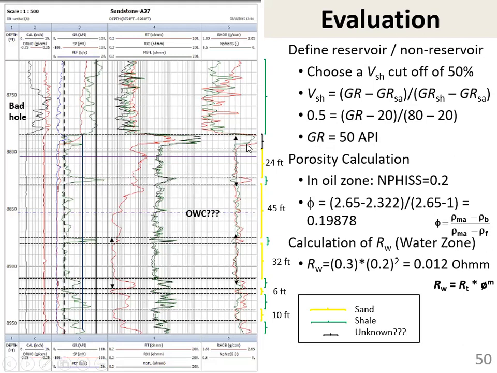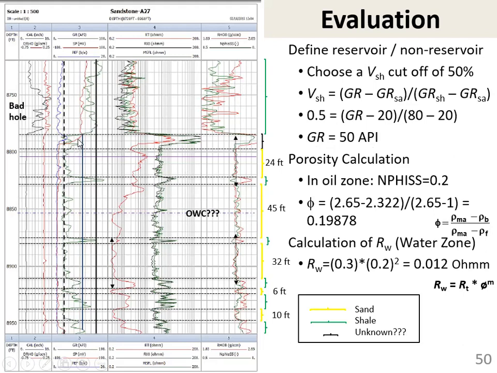So going back to this section, you're having high resistivity values. Note that the red is your deep resistivity reading and not this. These are shallow resistivity readings. So this is your deep resistivity reading.